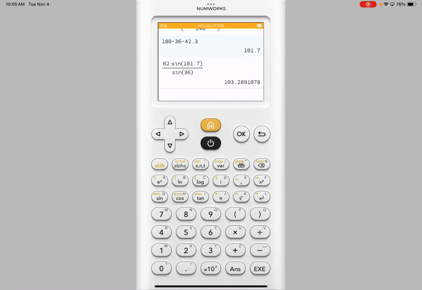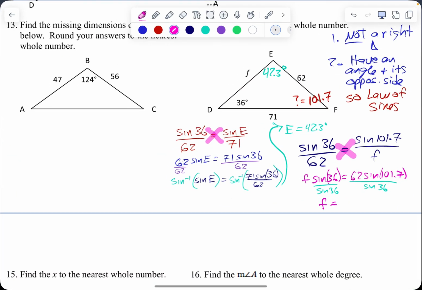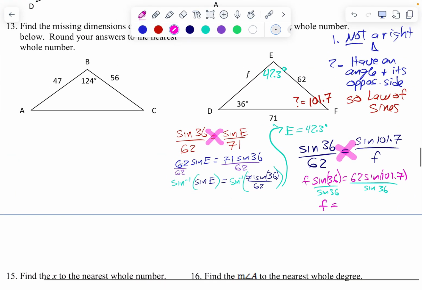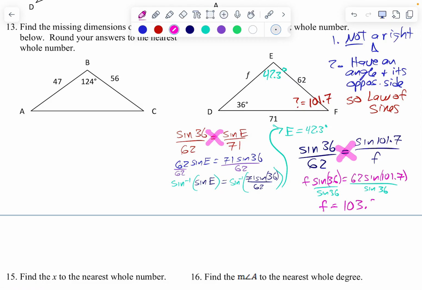Okay, and we get 103.3. Now, does the triangle look like it should be that? That's why we don't trust pictures, just information.